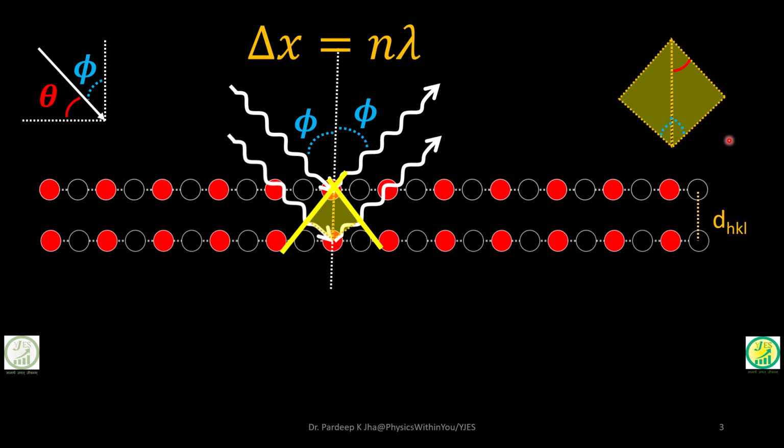Now you know this angle is theta, this blue angle is phi, because theta plus phi is 90 degrees, that means they are complementary angles. And this is a triangle, because the falling wavefront is always normal to the ray. So this is your 90 degrees. As you know, this angle is theta, so this angle has to be theta here. Sorry, phi. If this angle is phi, the angle parallel to it also should be phi.